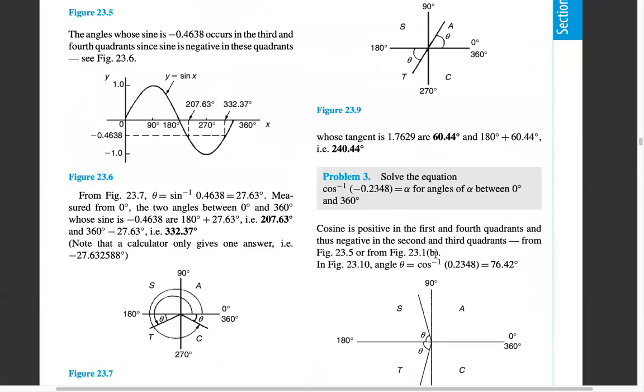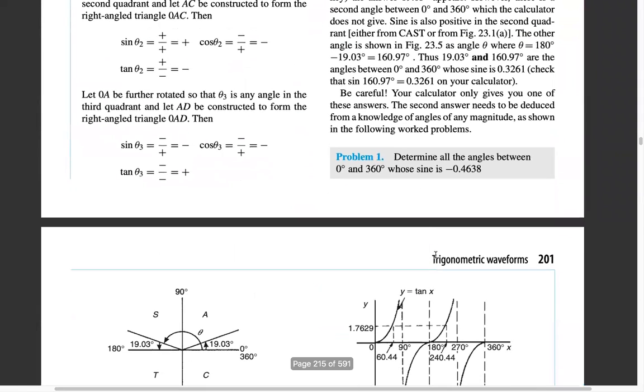So we could do an example here. What's the example? Again, between 0 and 360 degrees, the sine of an angle is negative 0.4638. The fact that sine is negative means it's in the third and fourth quadrant.